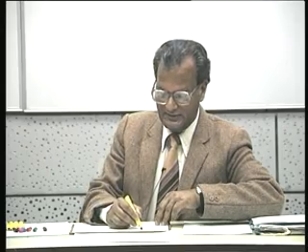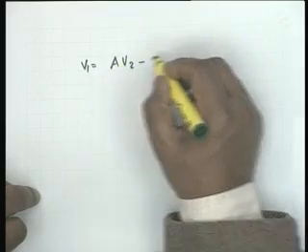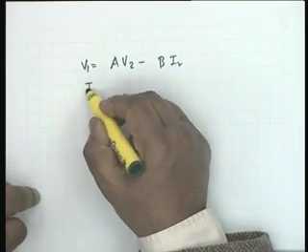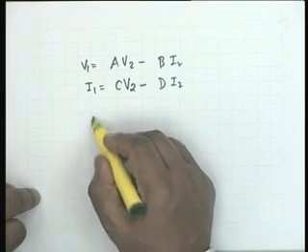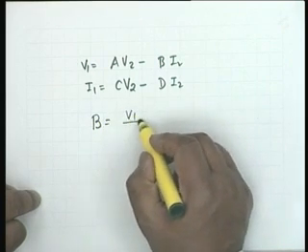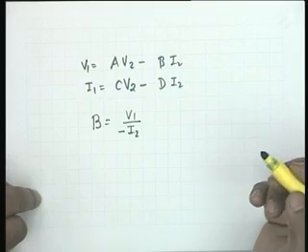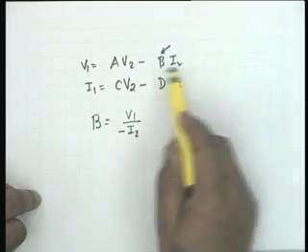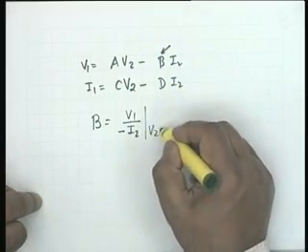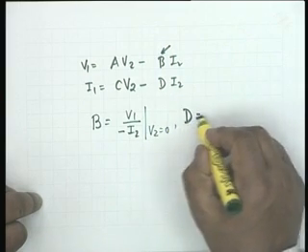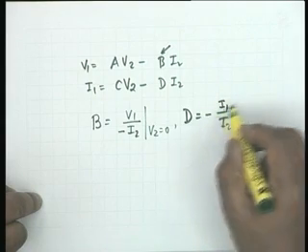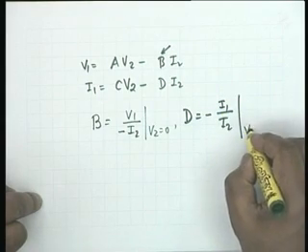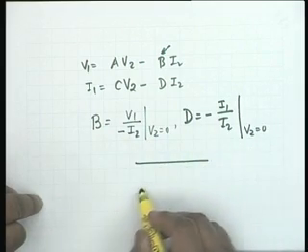Next, let us look at the interpretation of B and D. V1 is equal to A V2 minus B I2, I1 equal to C V2 minus D I2, and therefore B is equal to V1 by minus I2 under the condition V2 equal to 0, and D is equal to I1 by minus I2 under the condition V2 equal to 0. So, let us make V2 equal to 0.